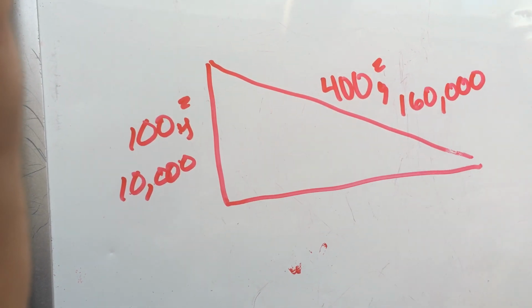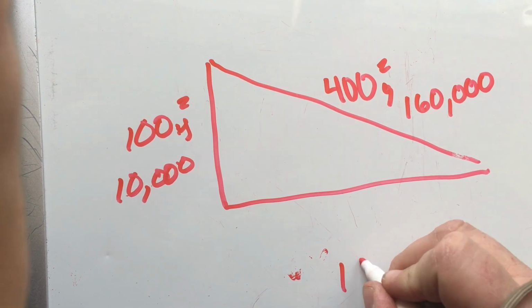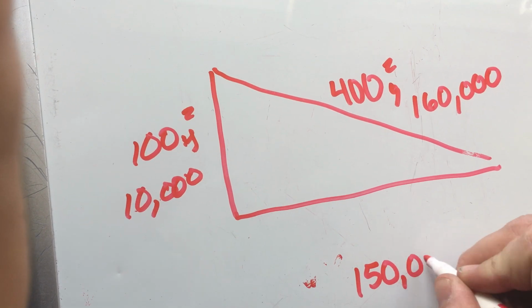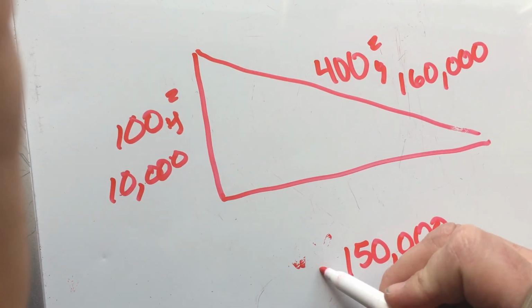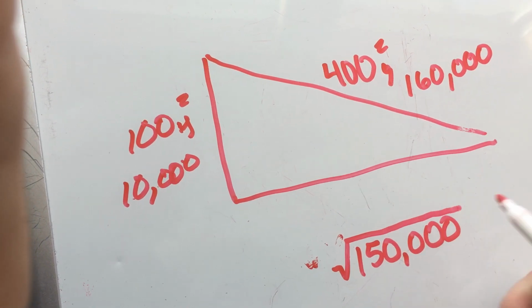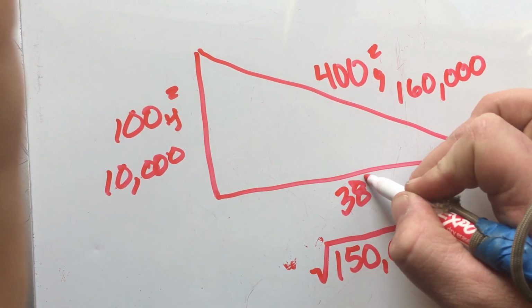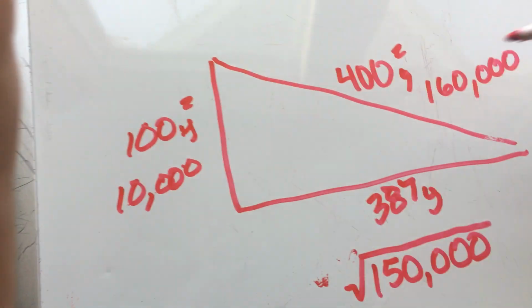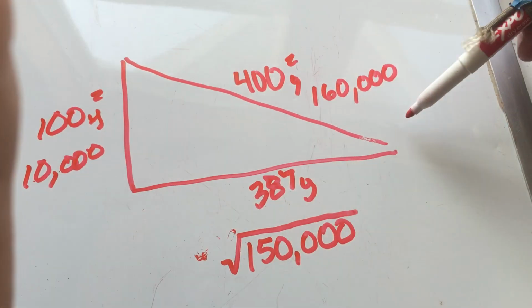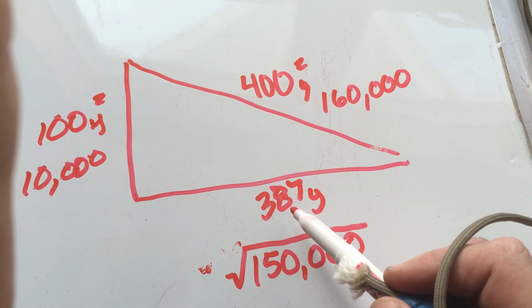So we take 160,000 minus 10,000. That gives us 150,000. All right, and if I take the square root of 150,000, that's going to give me a number of 387.